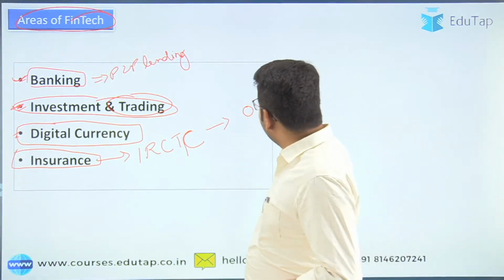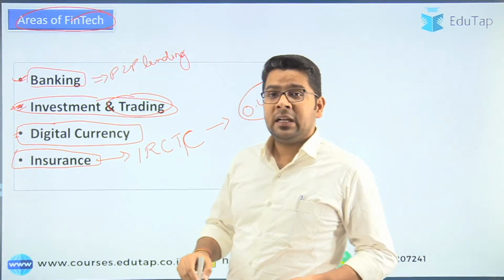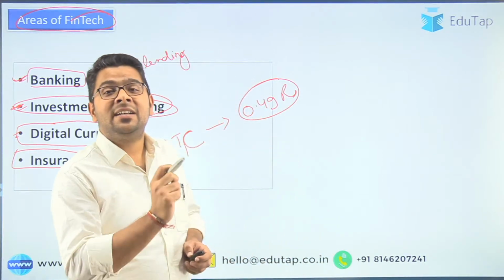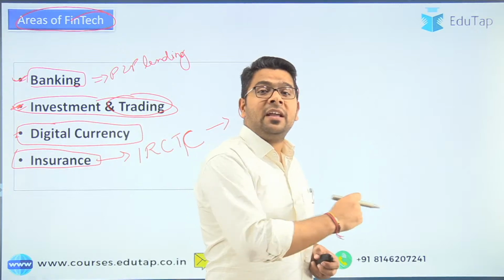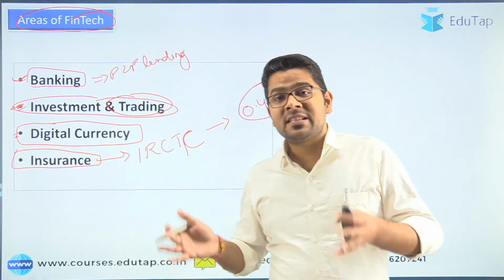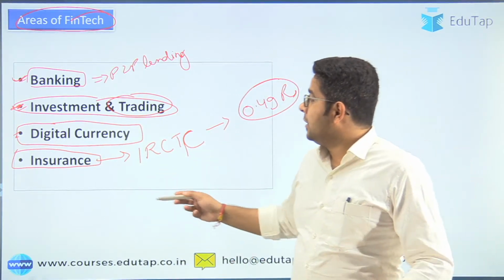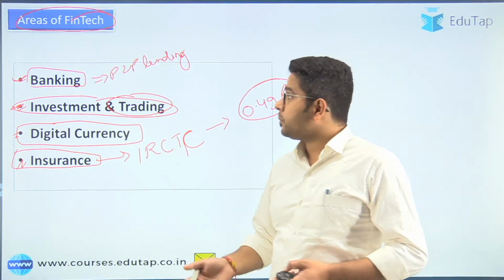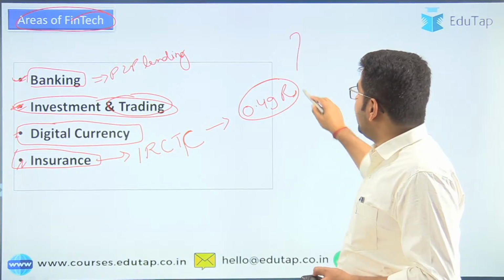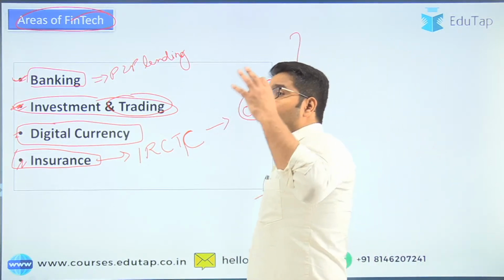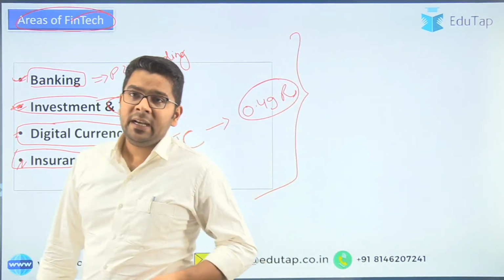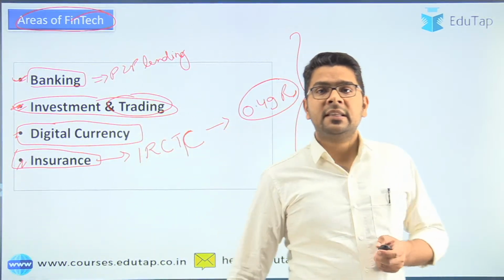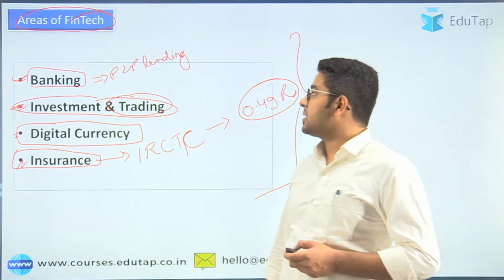See how technology has moved. You can avail insurance while booking a ticket, even for air flights. Very simple. So this is another area where FinTech can be applied. These are the areas, so if a question comes on the areas where FinTech can be applied, you can answer it very easily. Yes Sandeep, online selling of insurance products, very much correct.